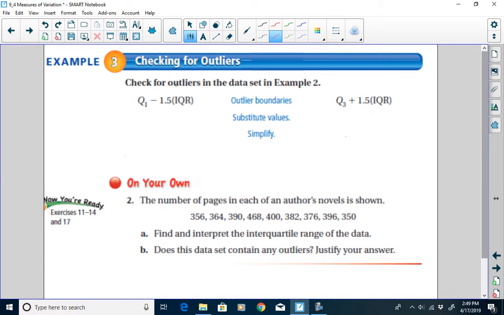To find the lower outlier, we have to take the Q1 and subtract 1.5 times the interquartile range. That will be the lower boundary for a lower outlier, meaning anything less than that value would be an outlier. To find the upper boundary for an outlier, we take our Q3 and add 1.5 times my IQR. That's going to give us the value for the upper boundary for an outlier.